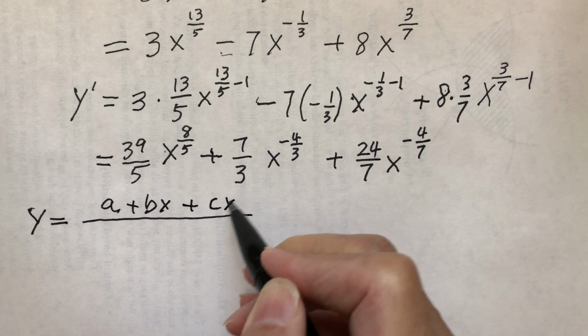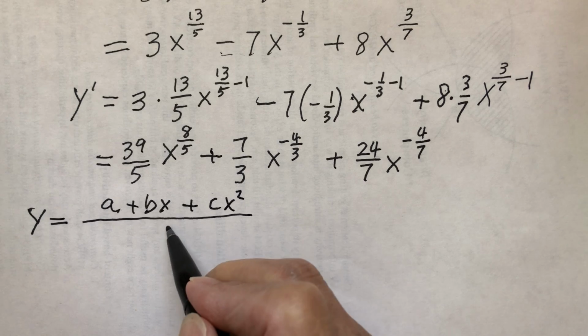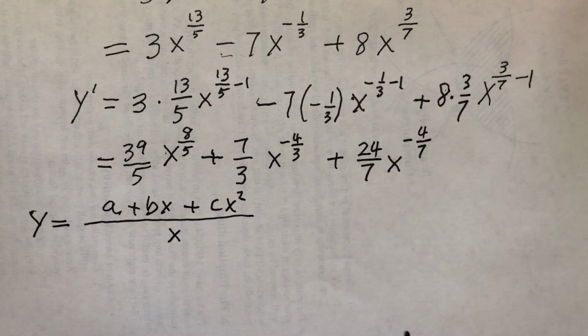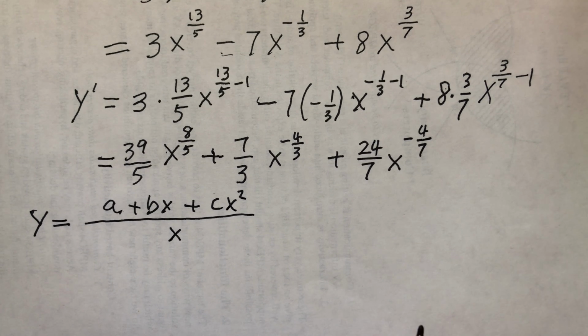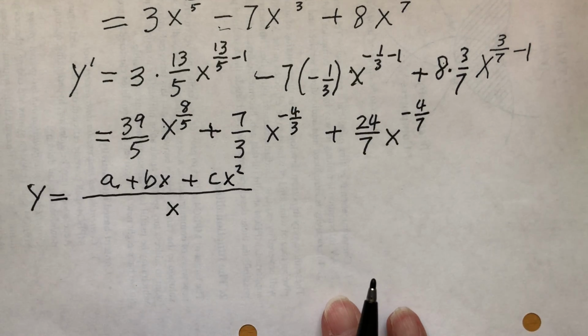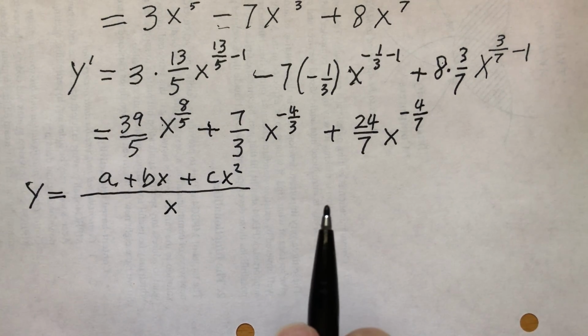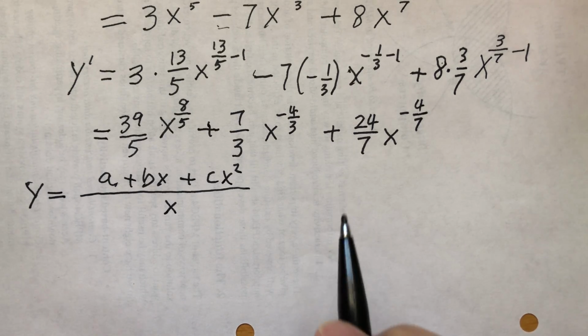I have a fraction. Then how do I do that? Before you go on to find the derivative, I need to rewrite the function into 3 fractions together.